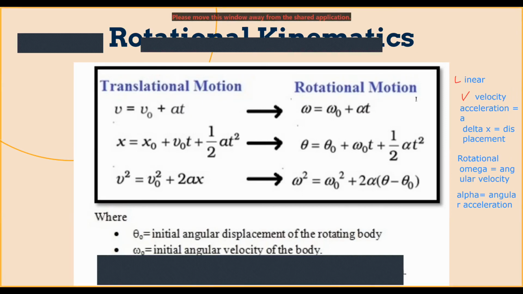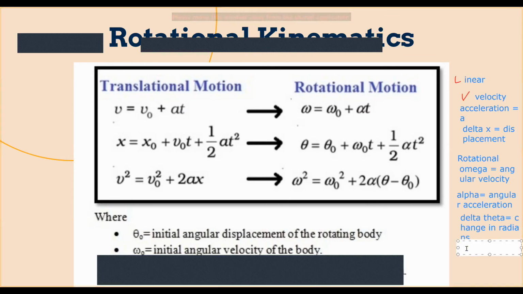All right, same thing. We use delta theta, and that equals change in radians. It's always radians. We don't use degrees. And then we also have time. Time doesn't change, because you can't change time.